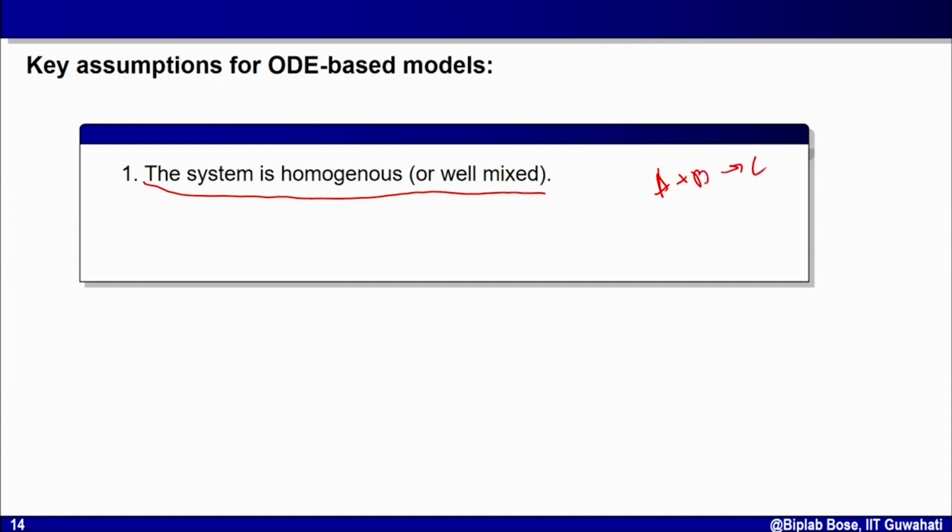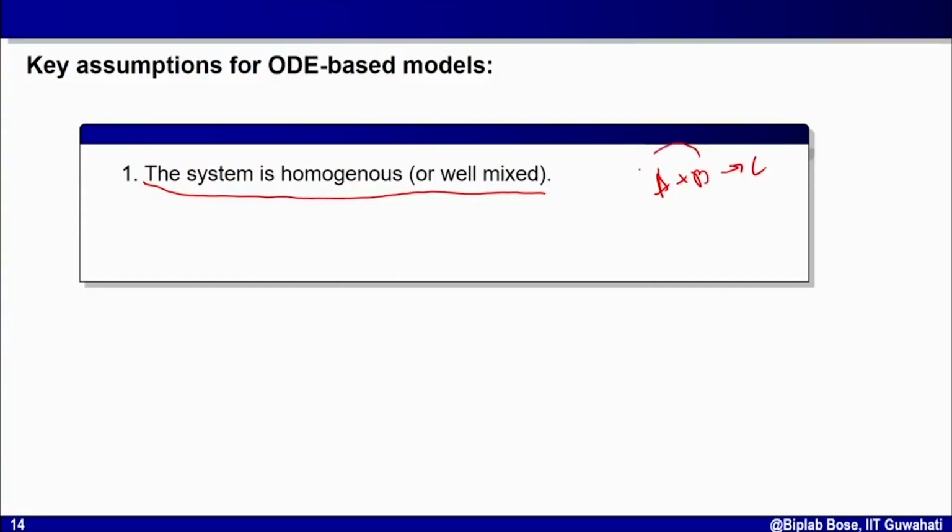If A and B are not well dispersed in the flask, if not well mixed, then somewhere the concentration of A will be more, somewhere the concentration of B will be more. So production of C will be somewhere more and somewhere less. That means the process will depend upon the position of the A and B molecules inside the flask. We don't want that.